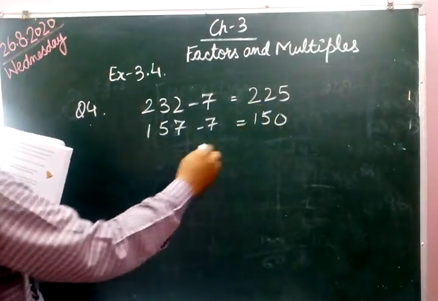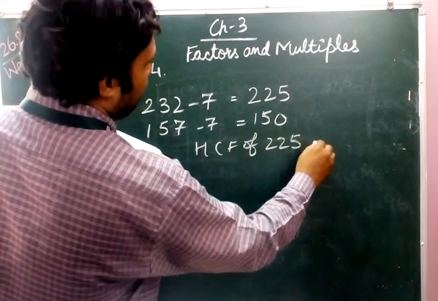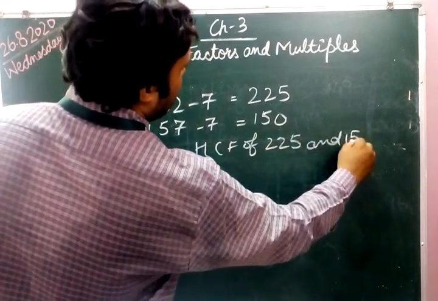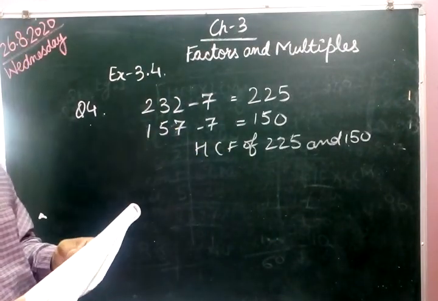You have to find out the HCF of 225 and 150, and you have to do the question. In this way, this fourth question can be done.